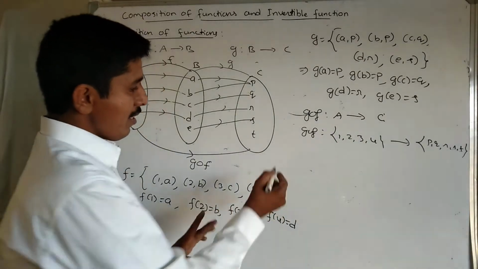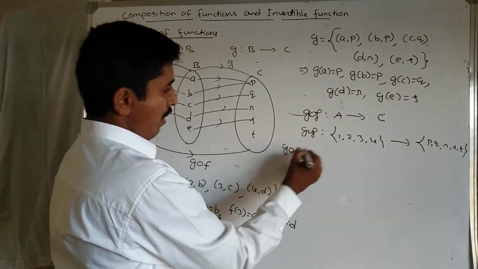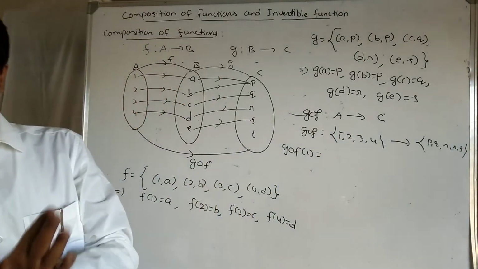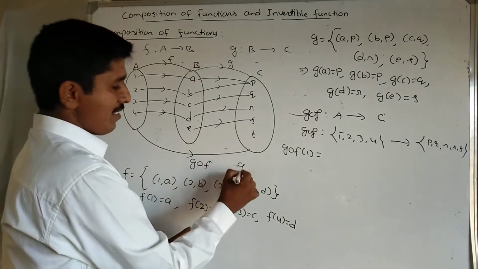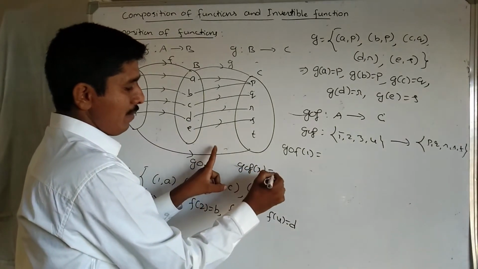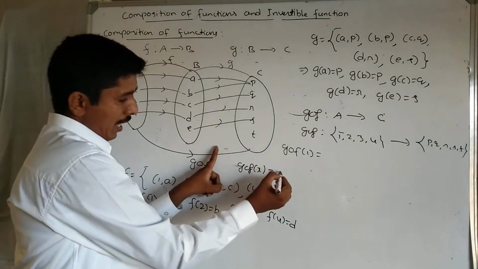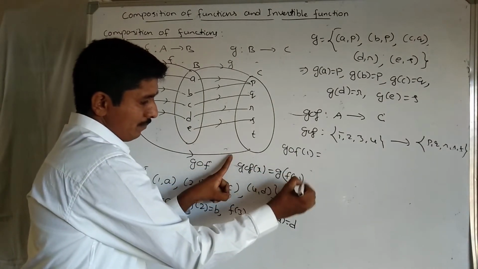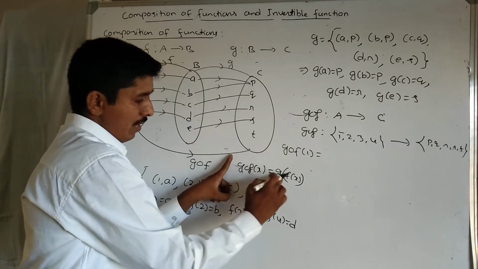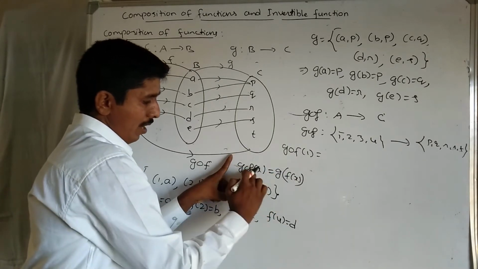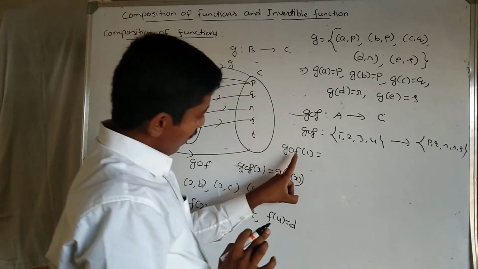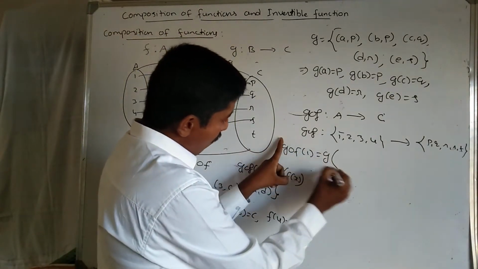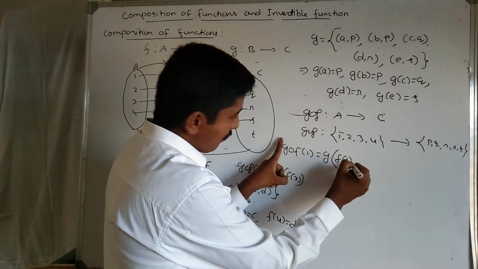First I am taking the first element, 1. Mind it, I am repeating this: GOF of X is defined as G of F of X. Similarly, GOF of 1 is defined as G of F of 1.